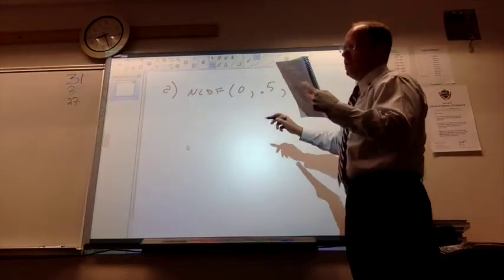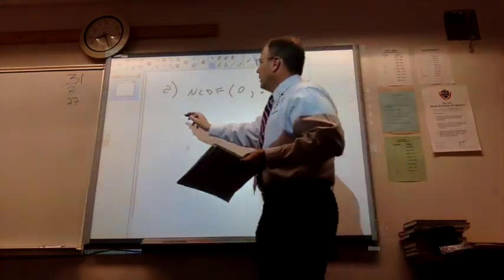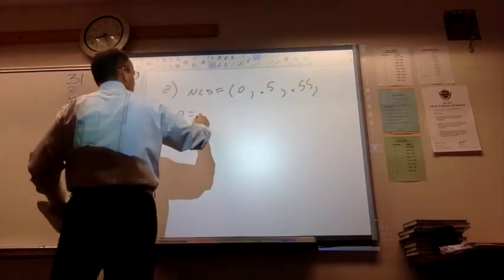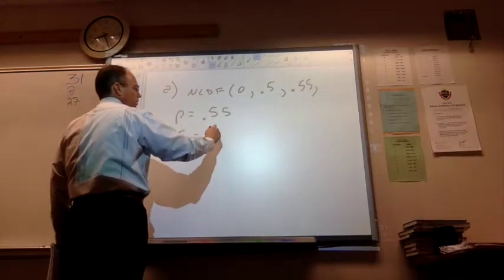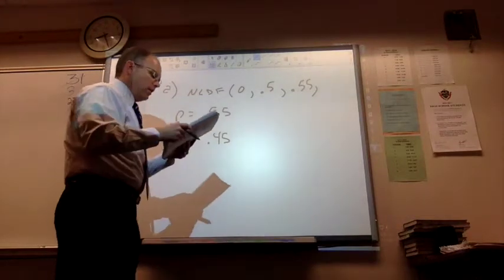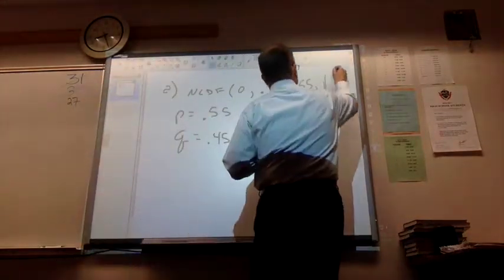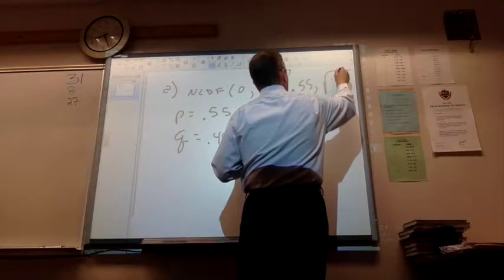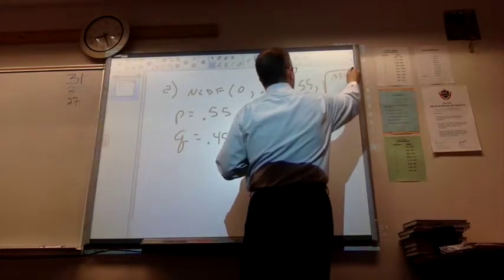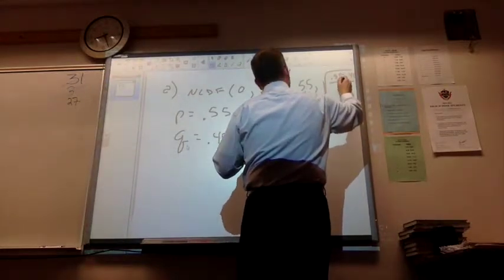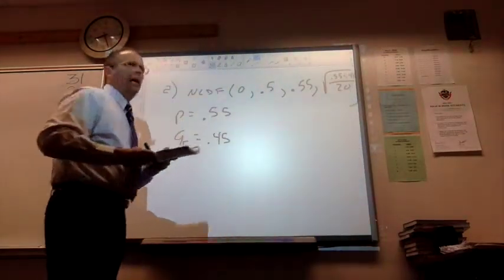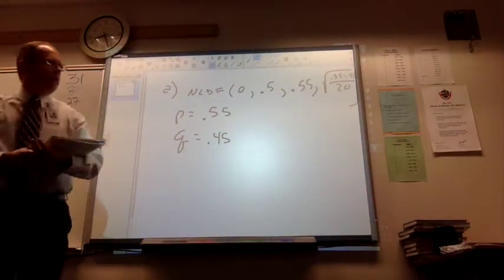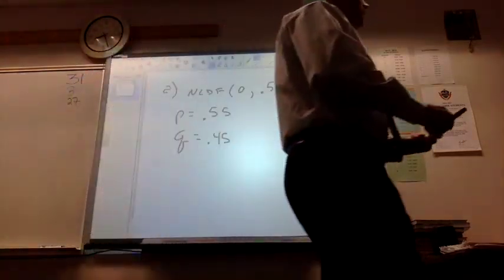And then the last one is your success, which is this, your Q. So under the radical, you're going to have 0.55 times 0.45 all over 20. So it's going to be the square root of all that. Again, be careful on your calculator how you plug that in.